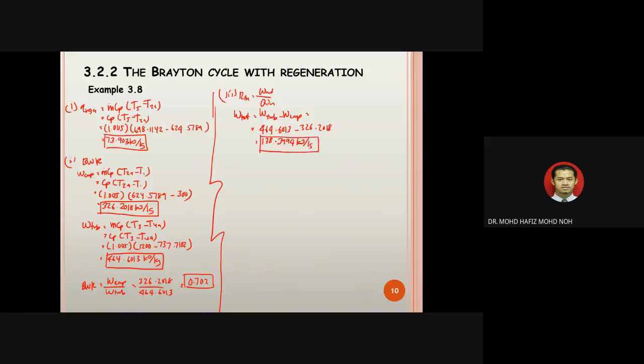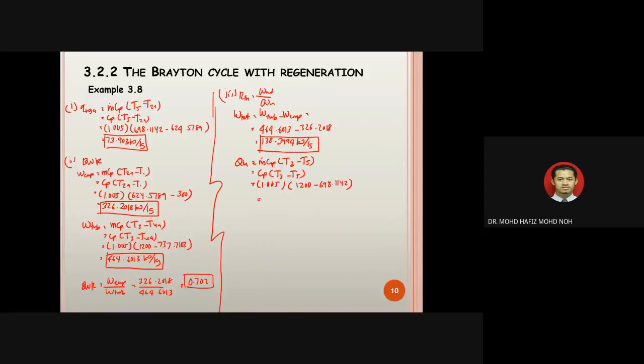Then you can proceed to calculate Q in, which is m dot Cp (T3 minus T5). Since the mass flow rate is given, T3 minus T5 is 1.005 times (1200 minus T5, which is 698.1142).